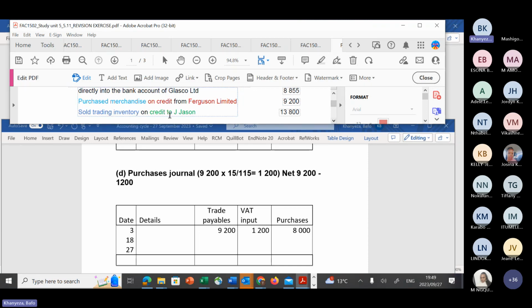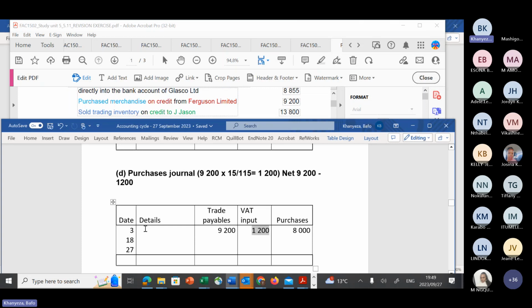Sold inventory on credit to Jason. Let me put the name of this business here. This business was Ferguson Limited. See here, Ferguson Limited.